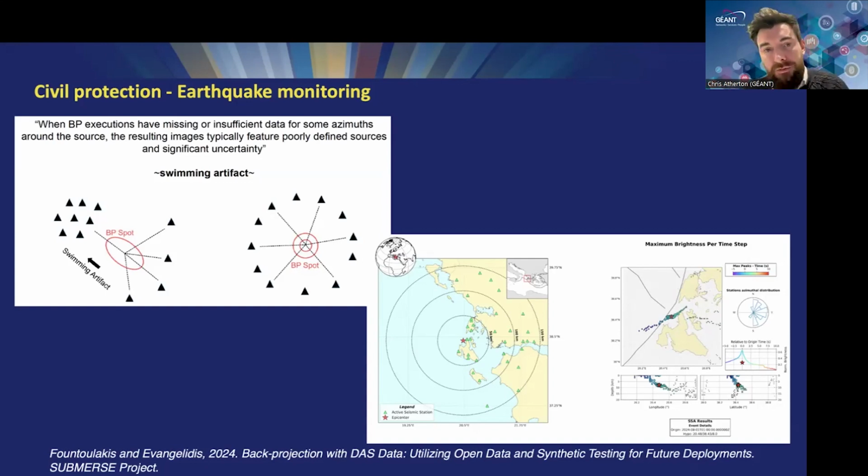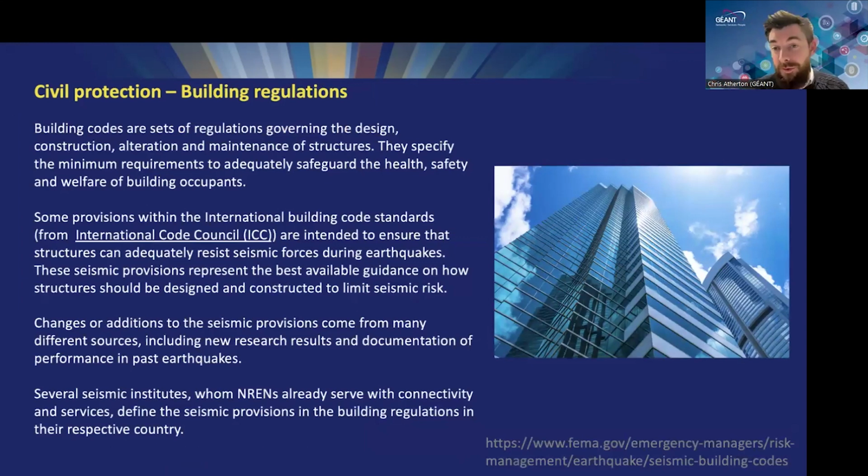That's one aspect of earthquake monitoring. The other aspect of civil protection with earthquake monitoring is to do with the building regulations themselves. Especially in areas where there's a high seismic risk, there is the International Code Council, the ICC. They have building code standards for buildings in high-risk areas where there's risk of seismic activity.